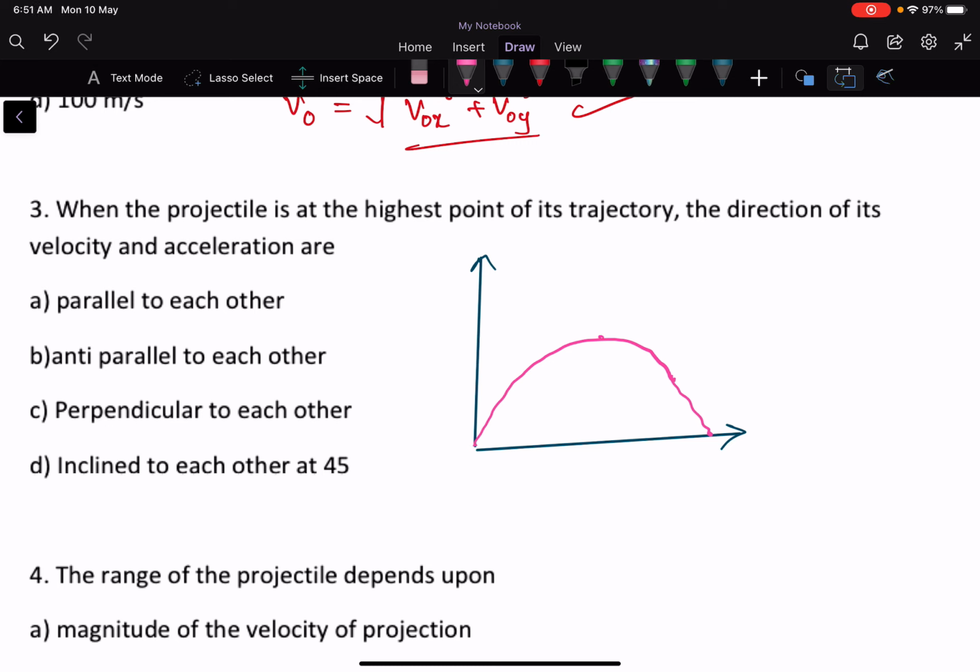At the highest point, its velocity has only the x component, and the acceleration is directly downwards, so ay equal to minus g, as we always know. So what is the angle between velocity and acceleration here? 90 degrees. They are perpendicular to each other at maximum height.